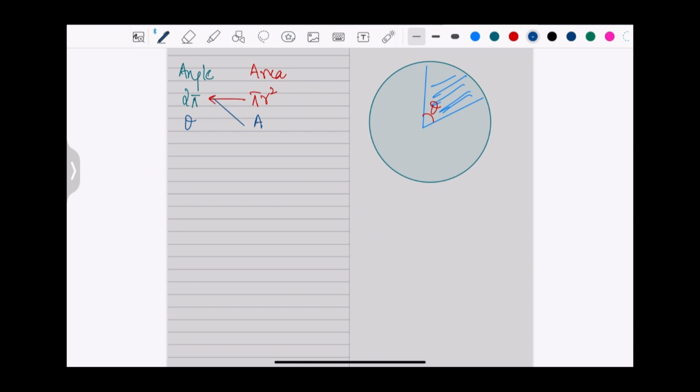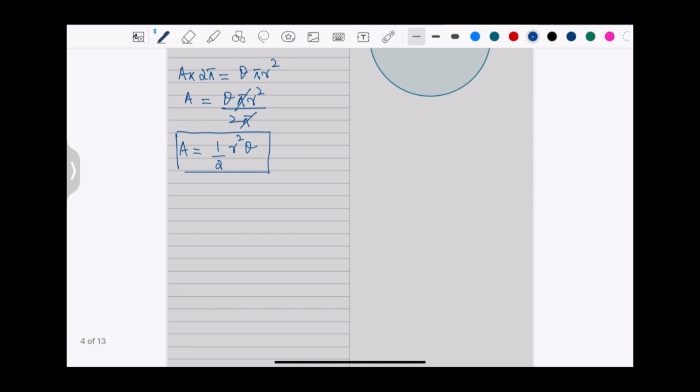So in order to formulate it, let's apply the ratio method. Area times 2 pi is equal to theta pi r square, and area is going to be theta pi r square over 2 pi, cancel pi out, or area is equal to 1 over 2 r square theta. That's just one way to look at it.